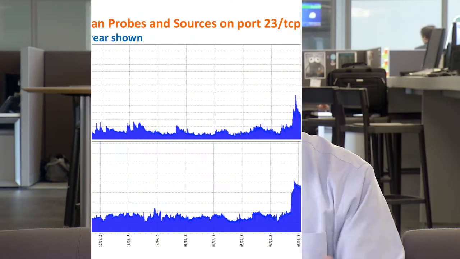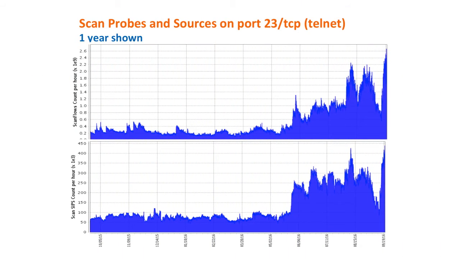So taking a look at port 23, this is looking at the last year of activity. It helps to provide a little bit of perspective. Keep in mind, even a full year ago, we still had a significant amount of probing activity. That is, activity to recruit new devices, predominantly these closed circuit television DVRs, into these botnets.